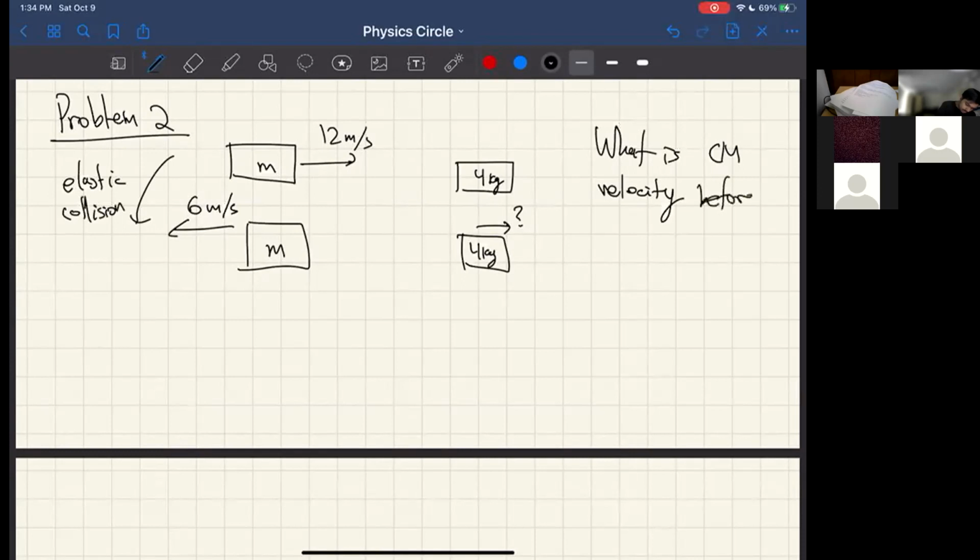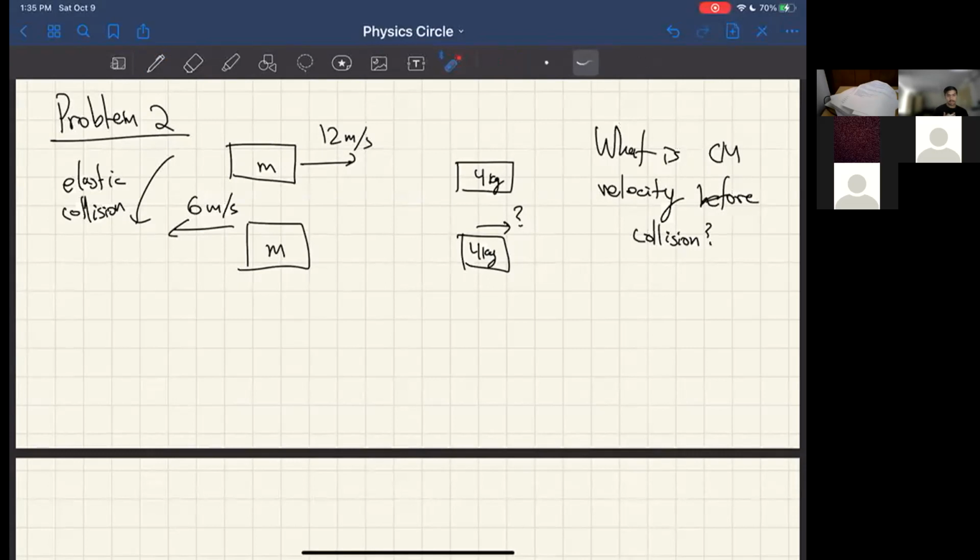The interesting thing is that the center of mass velocity stays the same. Can somebody explain why the center of mass velocity stays the same before and after the collision? Just give a quick reason why.